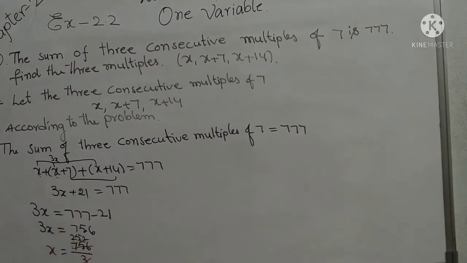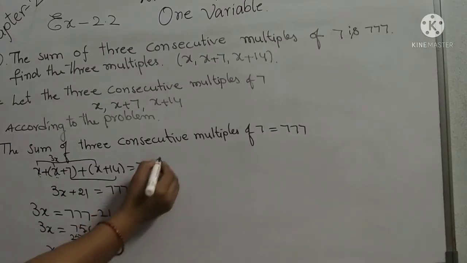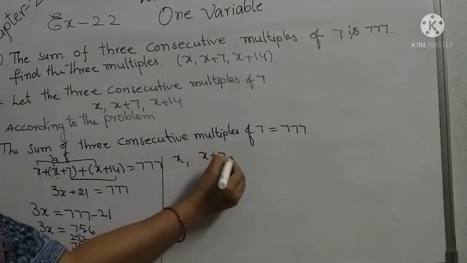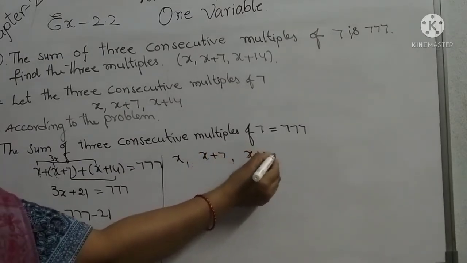So here x is 252. Now we should add the 3 consecutive multiples. What are the 3 multiples? x, x plus 7, x plus 14.